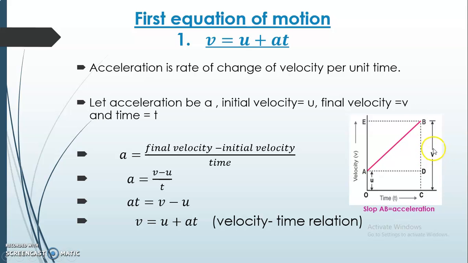So v is the final velocity with which it has reached the destination, and the starting velocity from the point A was u. Okay, so this is the velocity axis.